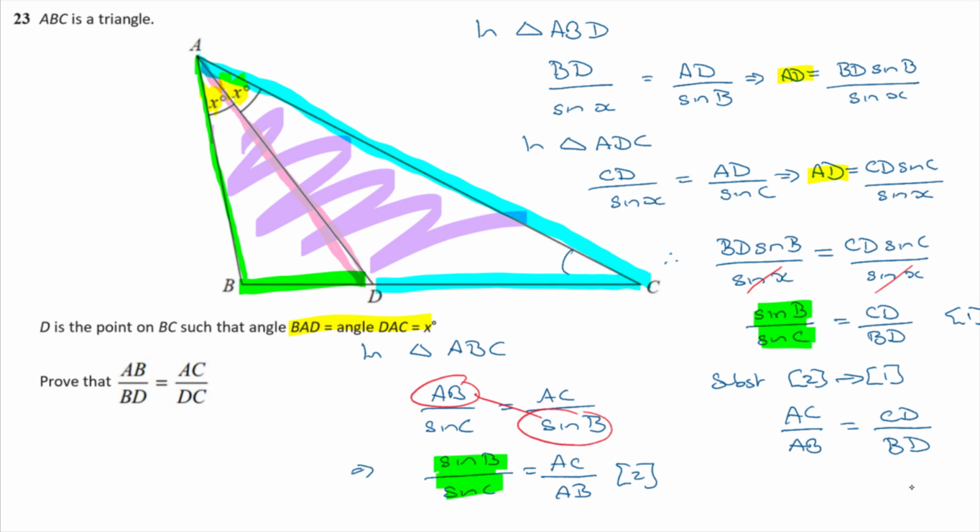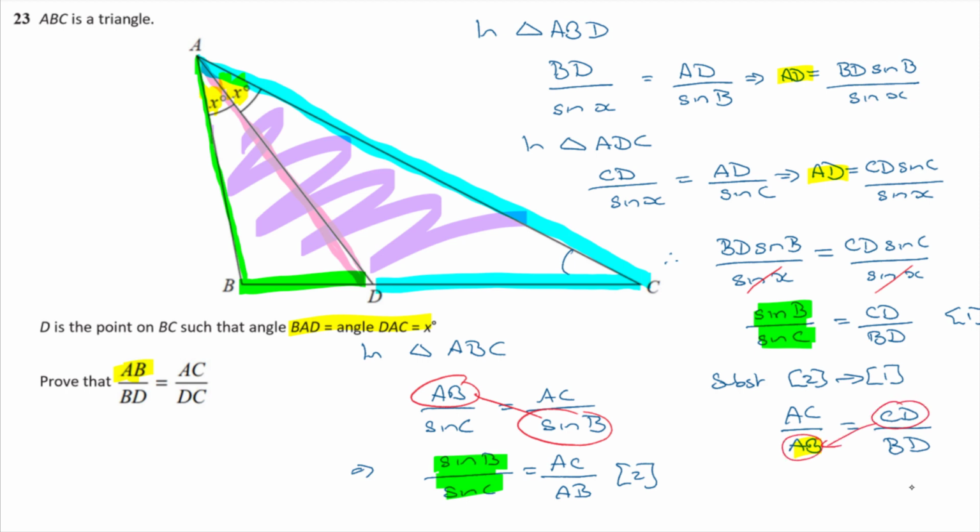Okay, now this one has got AB on the top, and currently my AB is on the bottom. So I want to cross multiply that over to the other side, but also I've got DC on the top where it needs to be on the bottom. So I'm just going to cross multiply those two.